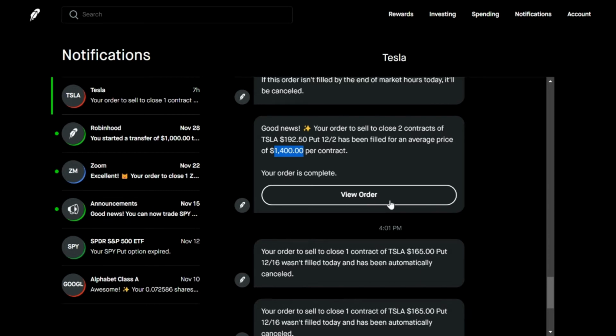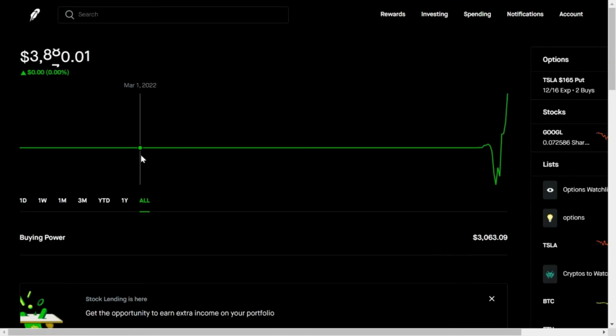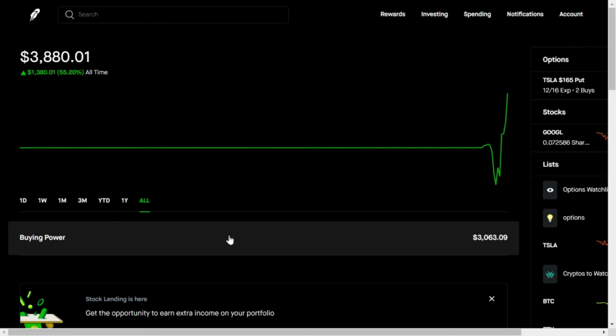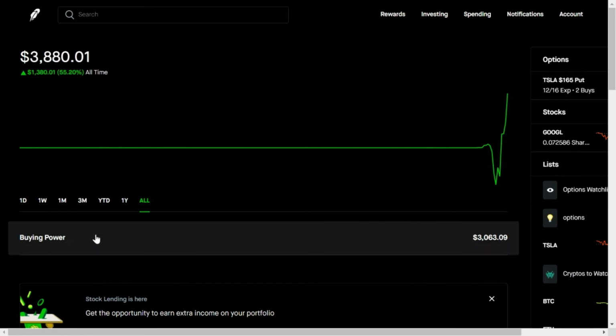So I had maybe 700% profit. And all time, the current investment is 2,500, and currently I have 3880. So my all time profit percentage is 55%.